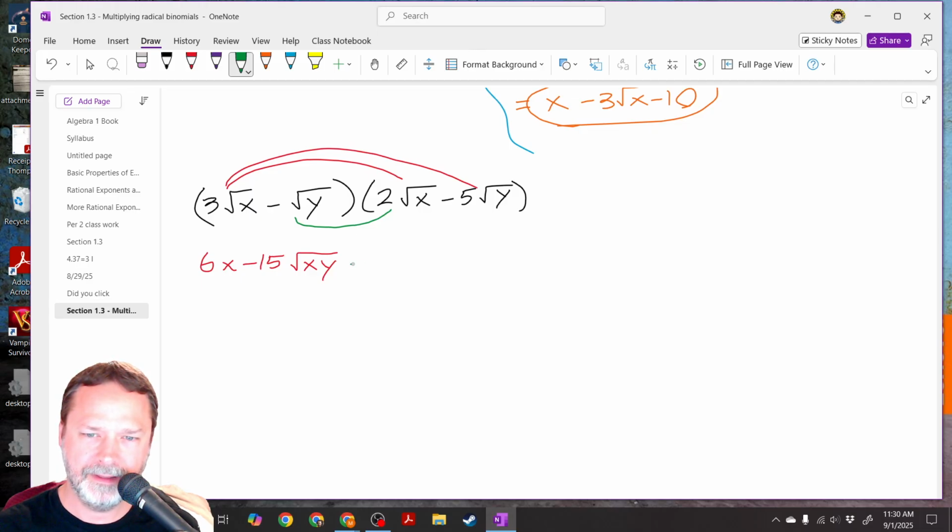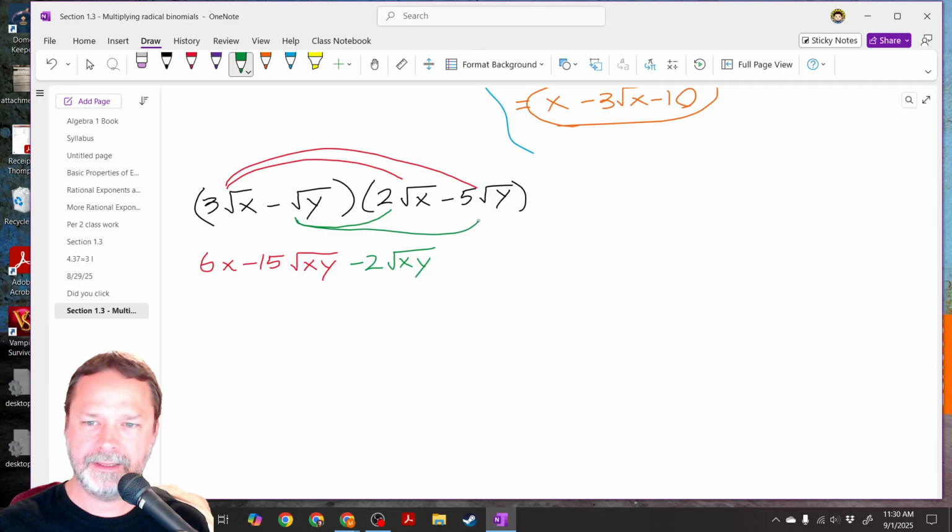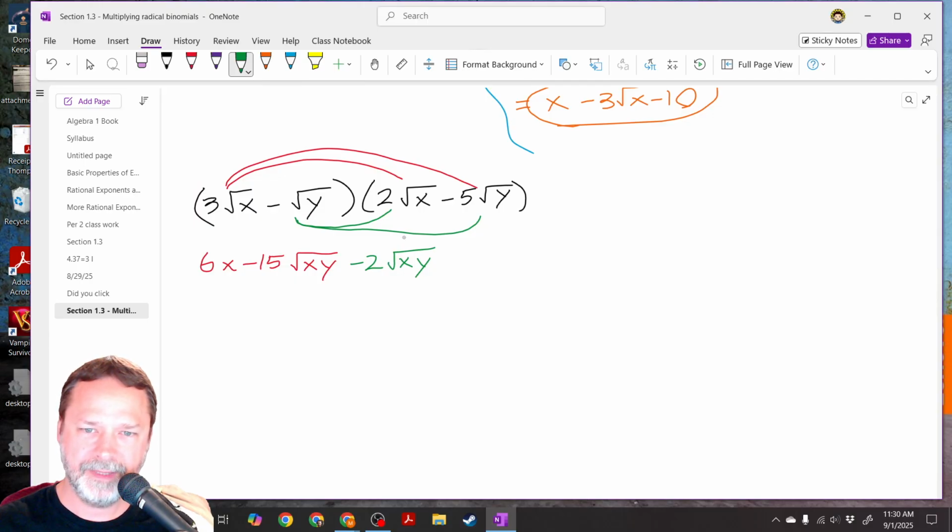So that's going to be negative 2 root xy. And then negative root y times negative 5 root y is going to be, well, negative 1 times negative 5 is positive 5. So plus 5. Root y times root y is y.